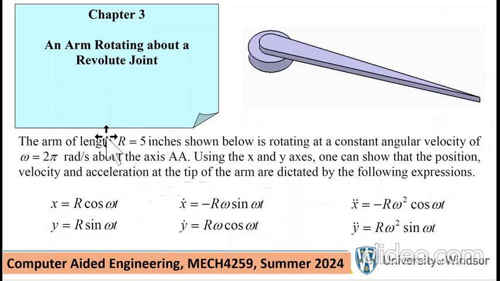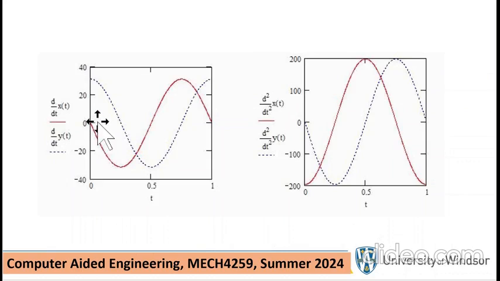Now, if you plot this information, here you have the x component of velocity and y component of velocity, and notice they're both sinusoidal, and of course there's a phase shift between them. And if you plot the second derivatives, also you're going to get sinusoids, with a phase shift between them. So what we're going to do today, the entire period, is concentrate on this problem. All right.